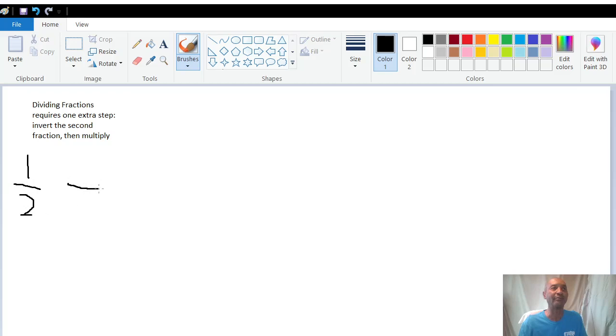And this is the symbol for divide. It's basically a horizontal line and two dots. Make that dot a little bit stronger there. And make that one a little bit better. And then let's just say divide 1/2 by 1/2.